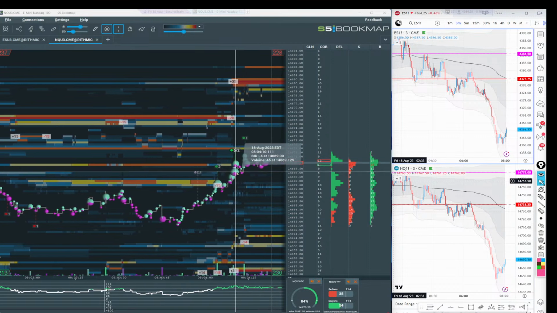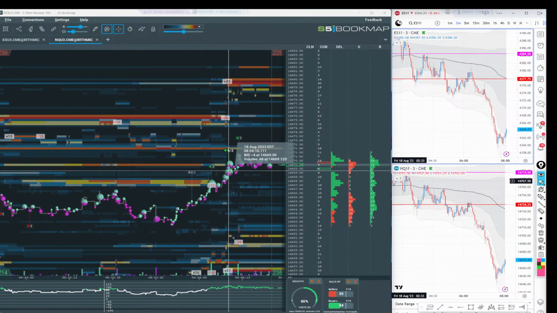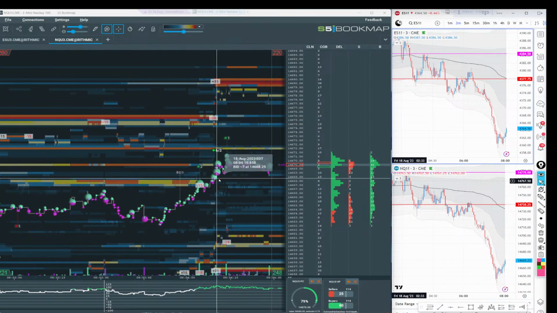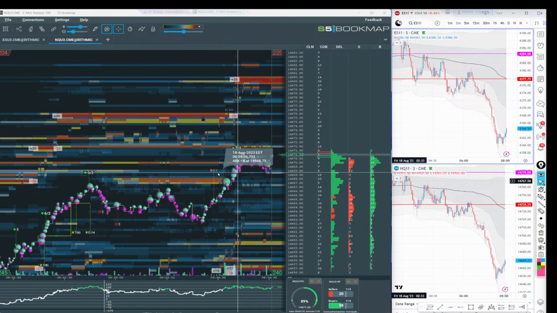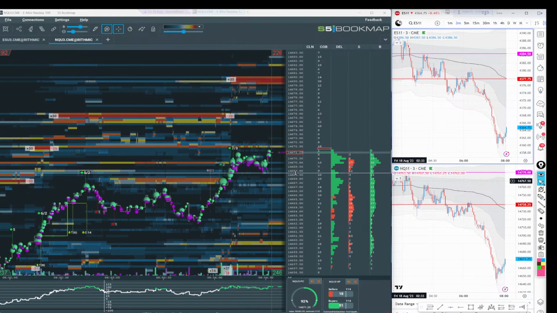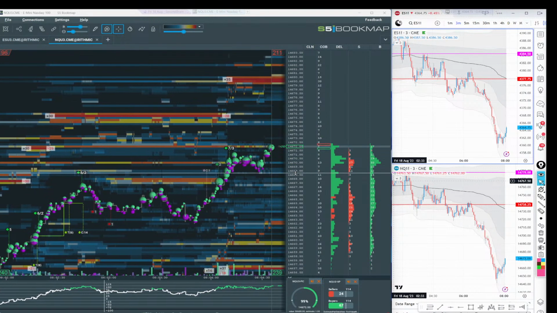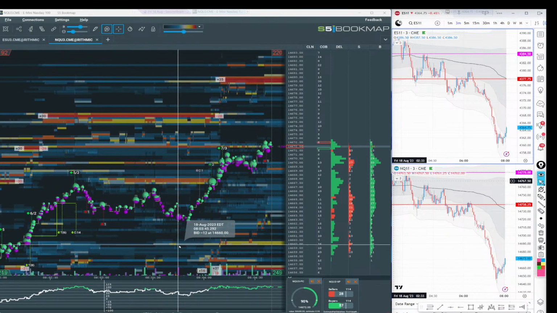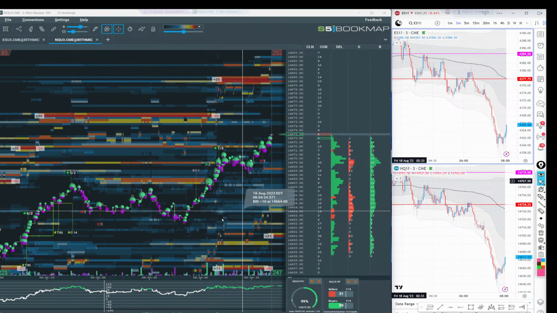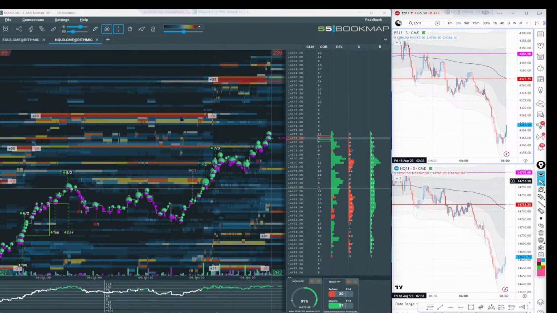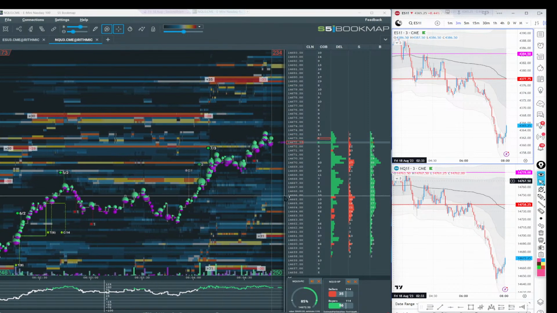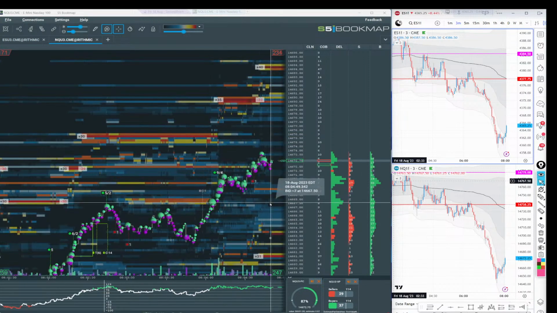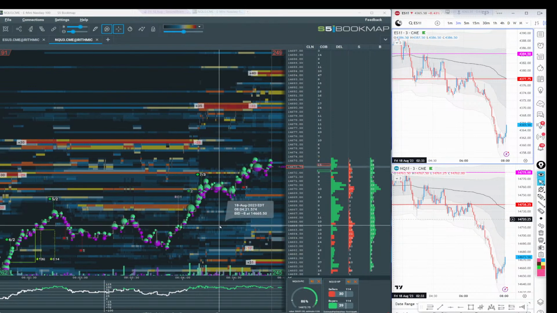If you get your cursor in the middle of them, you can see the size of the volume exactly. When you're looking at the delta, it's not the true volume. Since we are looking at a fairly thin instrument, both in terms of liquidity and traded volume, the actual volume traded rather than the delta difference is more relevant, and it will certainly help when we are looking at supply and demand. So that's the first and fundamental change I've made.